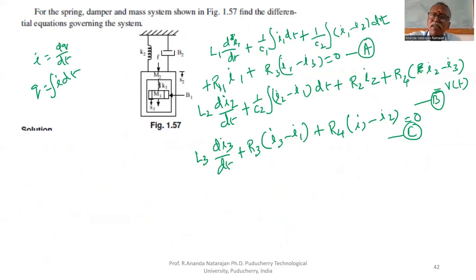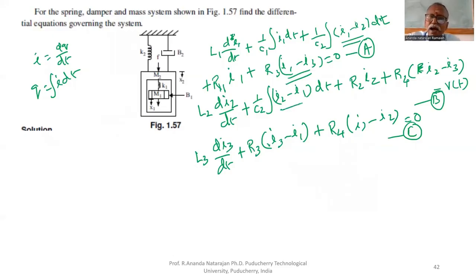You see that in the first equation, I1 minus I2. Therefore, first loop and second loop are adjacent. In the same first equation, one more, I1 minus I3. Therefore, first loop and third loop also are adjacent.